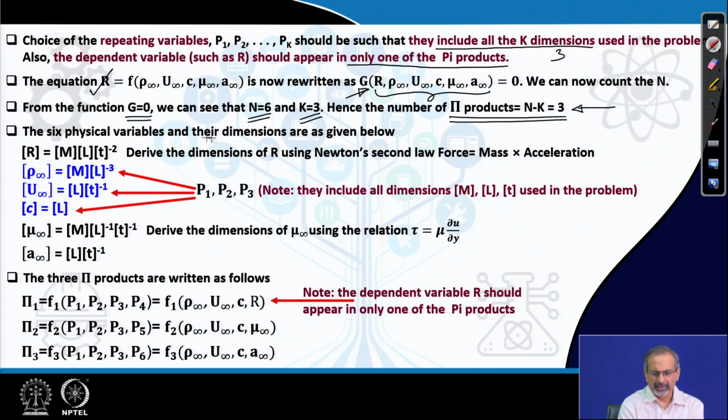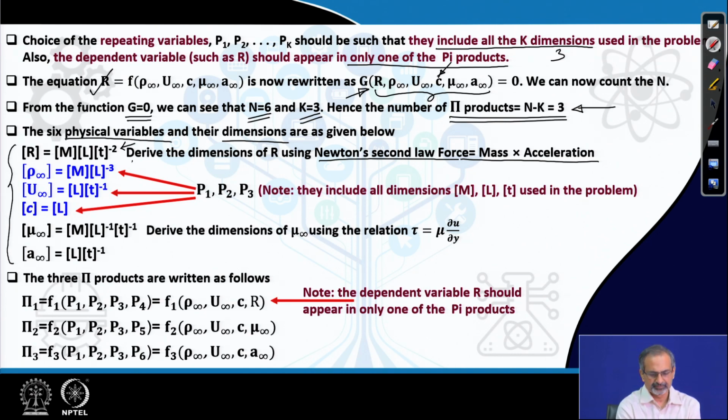Now, coming to identifying the dimensions of each of the physical variables, which also includes r now. So, these are the 6 of them. Now, r is a force, and you can use Newton's second law, force equal to mass into acceleration, to derive its dimensions. You can check on your own later.